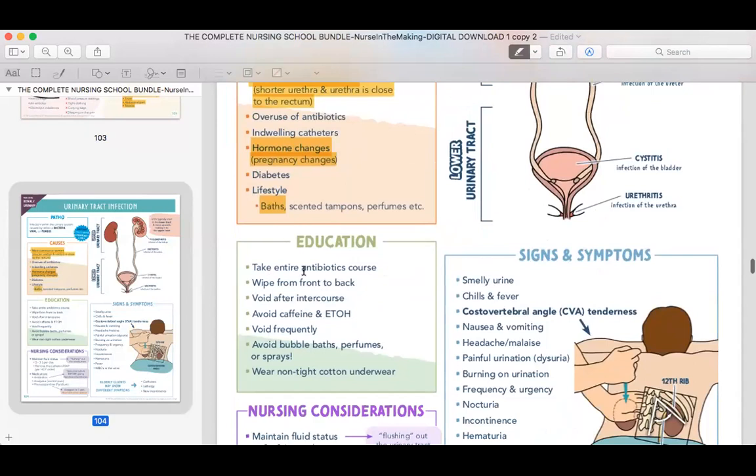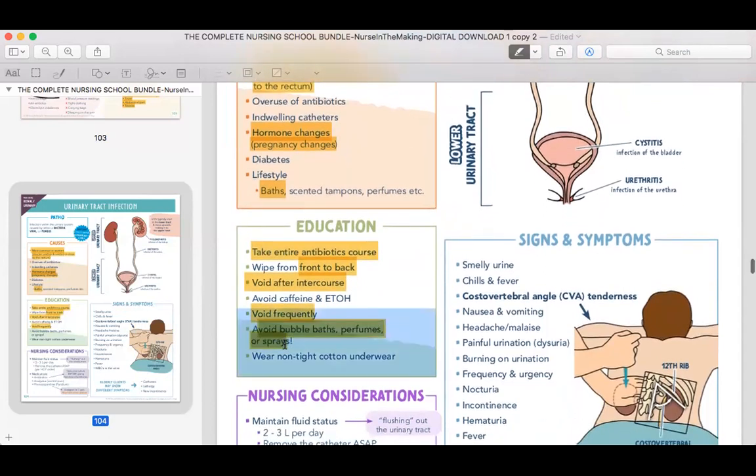Education: take the whole antibiotic course, never stop it abruptly. Wipe from front to back. Avoid after intercourse. Avoid caffeine, alcohol. Don't hold your urine in. Avoid tub baths and perfumes down there, and wear cotton underwear.